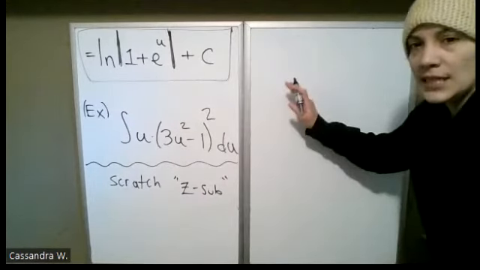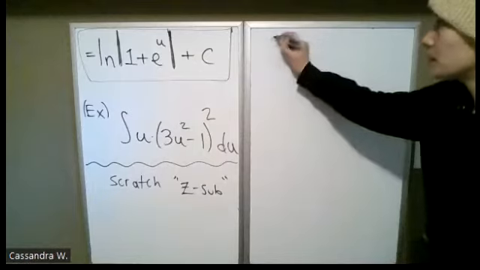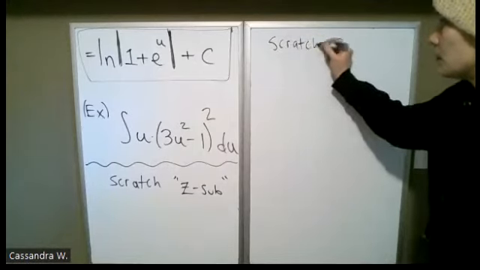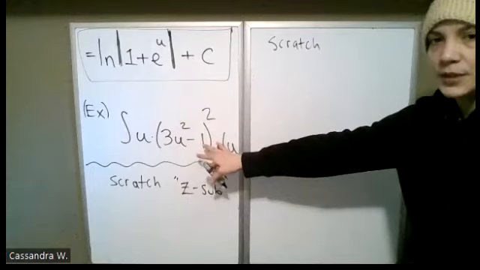So I want to put Z equal to 3u squared minus 1.